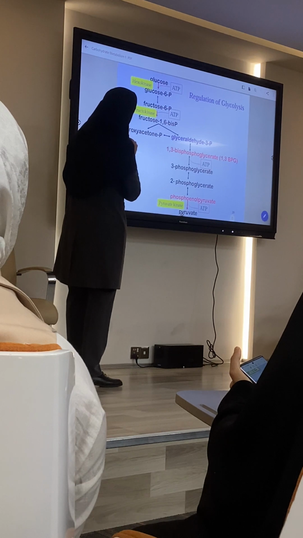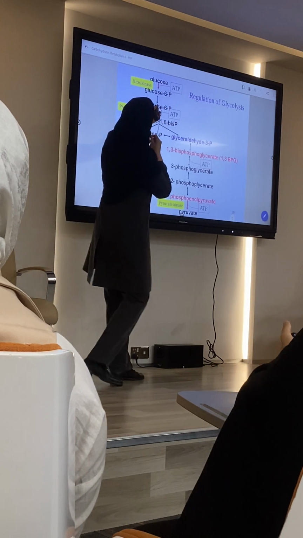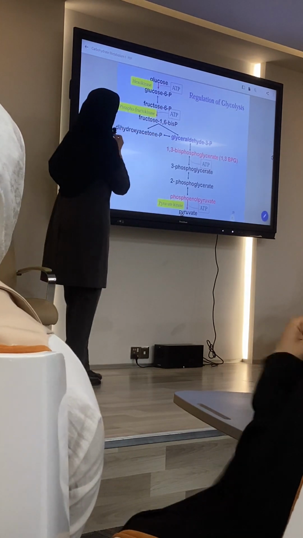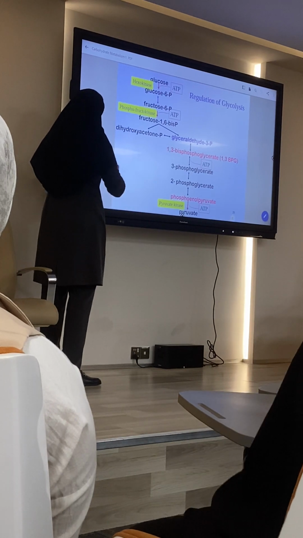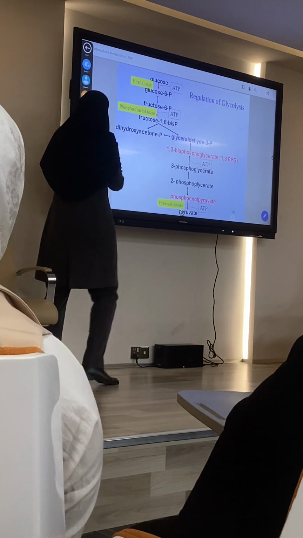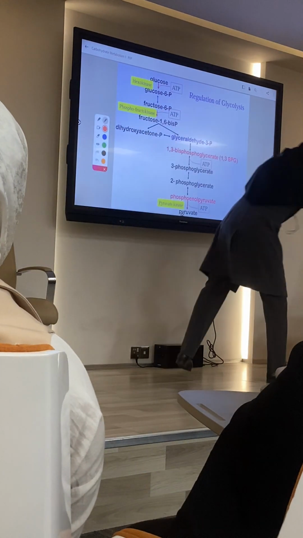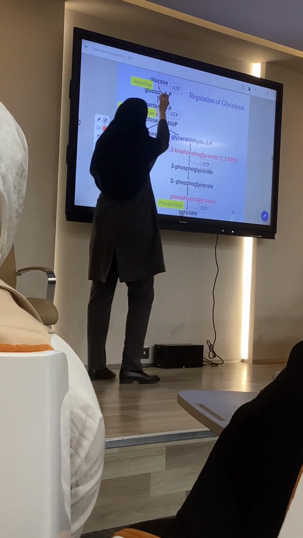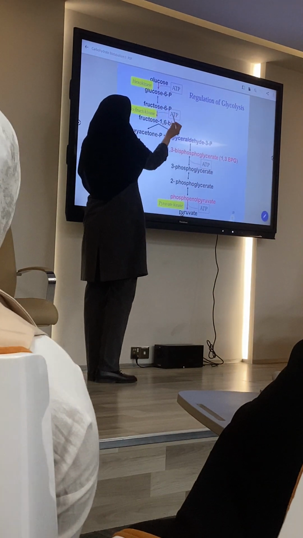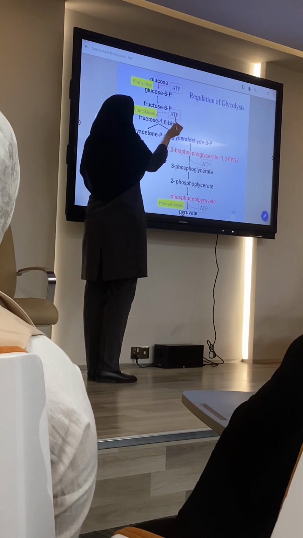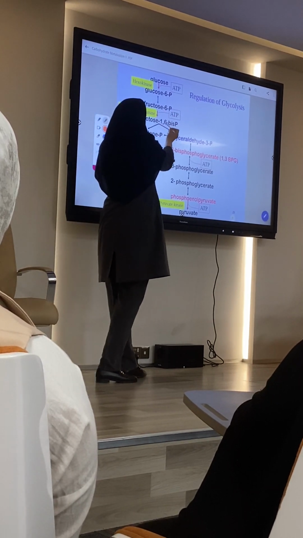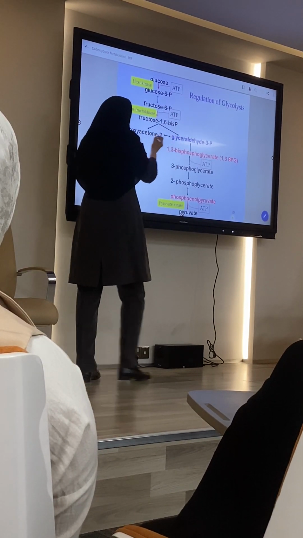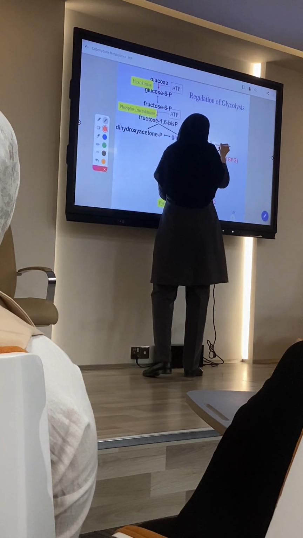As you can see here, this is an overview of glycolysis. You can consider this point. One glucose, 6-phosphate, one fructose 6-phosphate, one fructose 1,6-bisphosphate, and 2. Finally, 2.